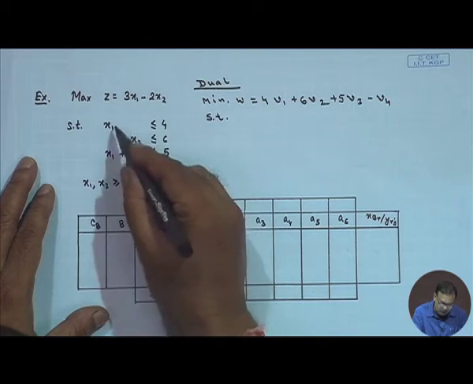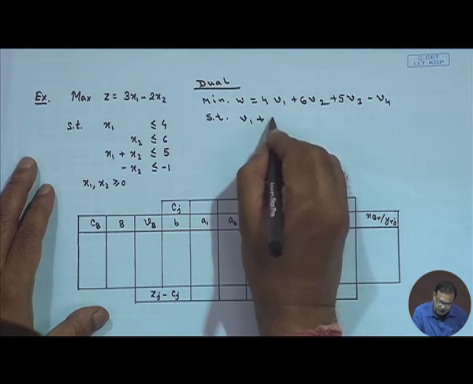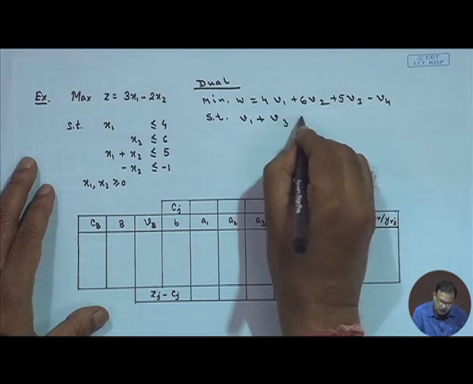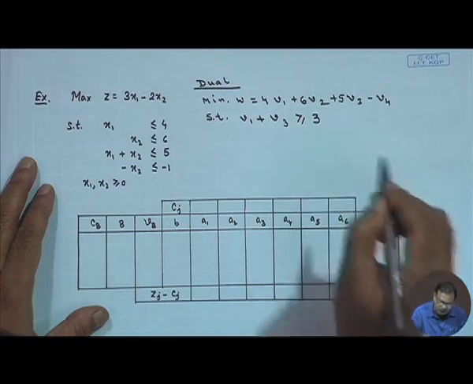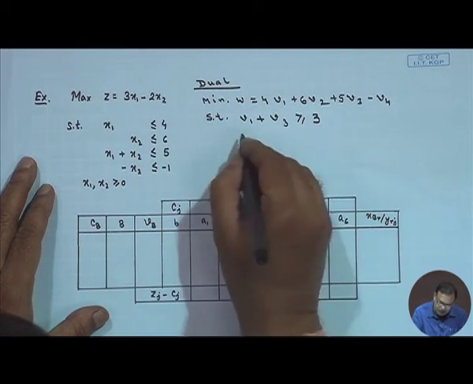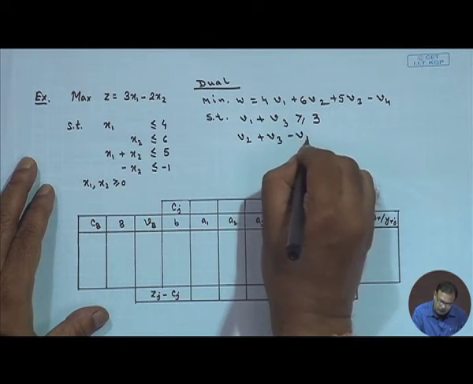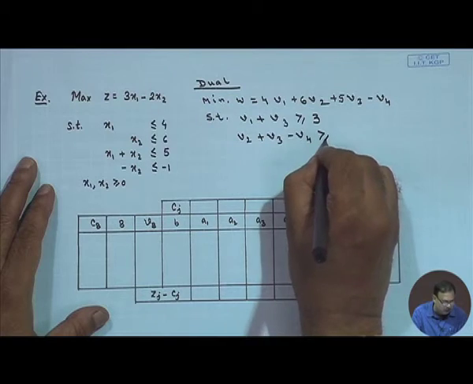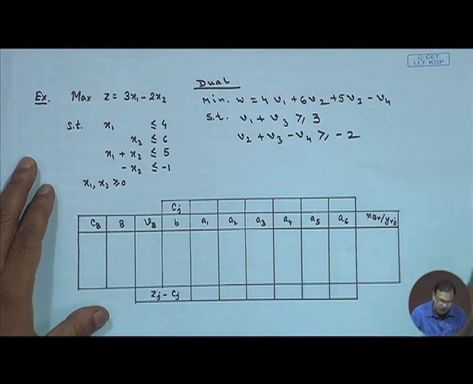V 1 plus V 3, this is greater than or equal to the coefficient of x 1 in the objective function, that is 3, then V 2 plus V 3 minus V 4, this is greater than or equal to the coefficient of x 2 in the objective function, that is minus 2.